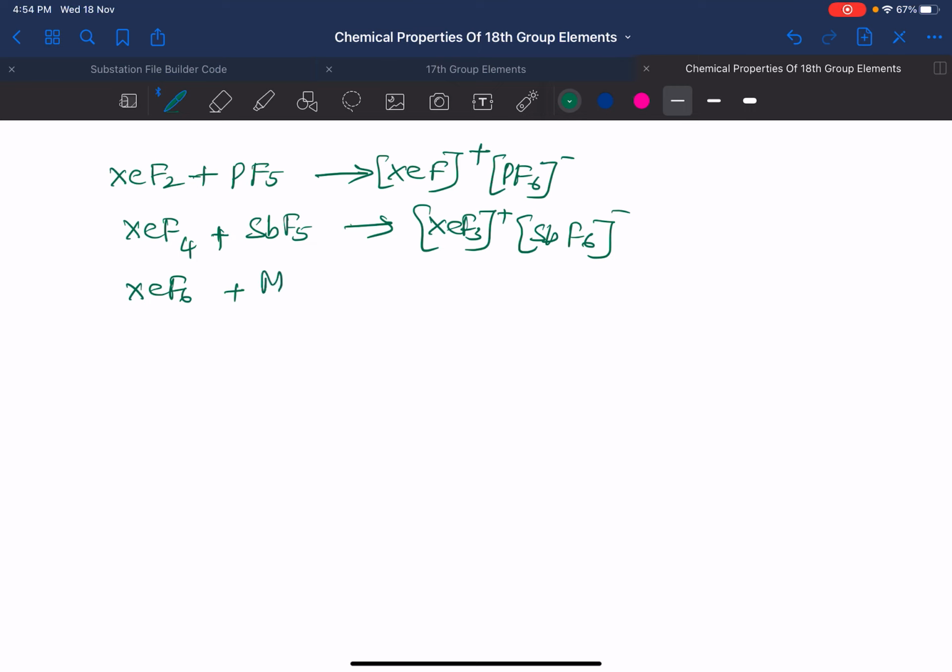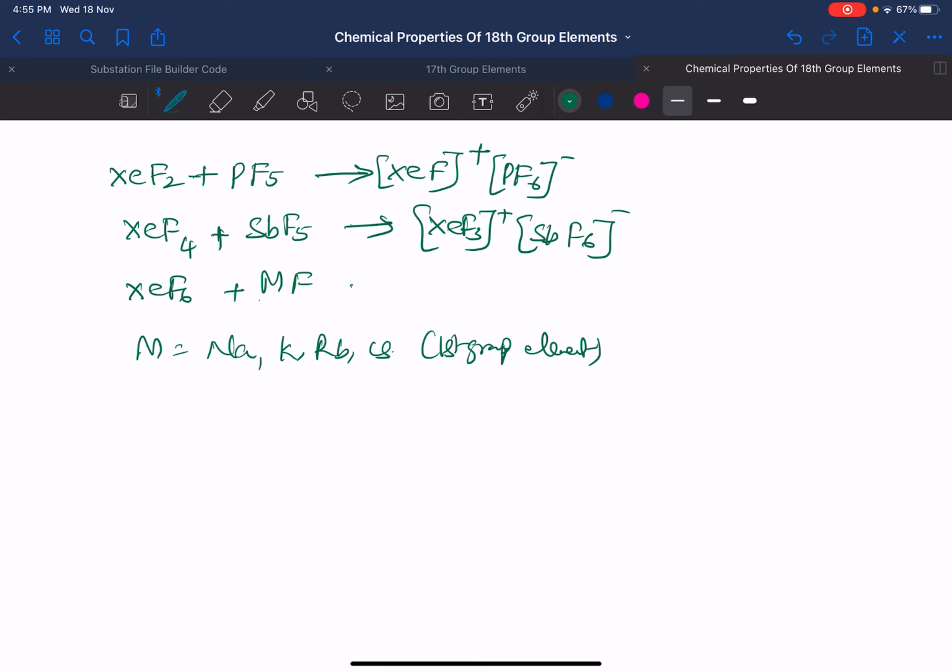And next one is XeF6 plus another fluoride, a metal fluoride MF. Here M is Na, K, sodium, potassium, rubidium or cesium. That means first group elements. M is a first group element because it is highly electropositive.